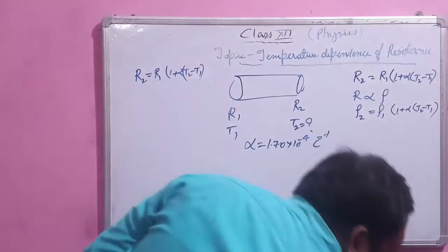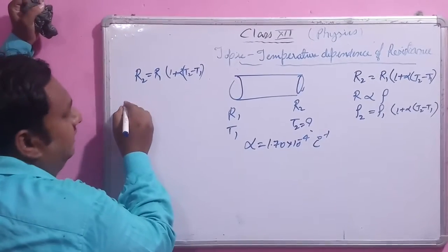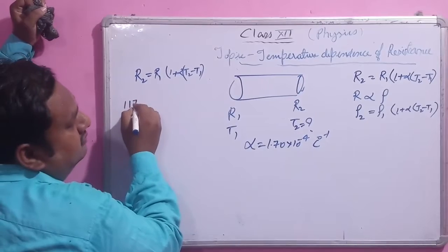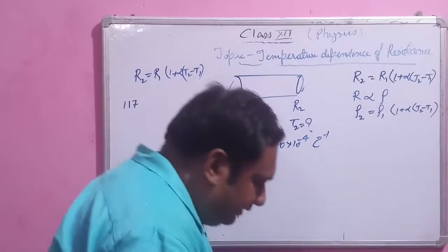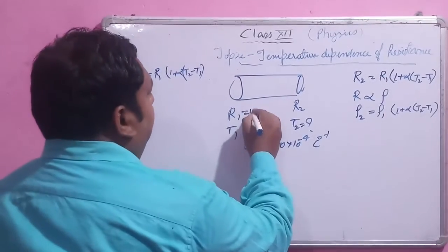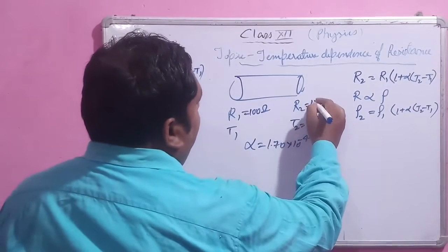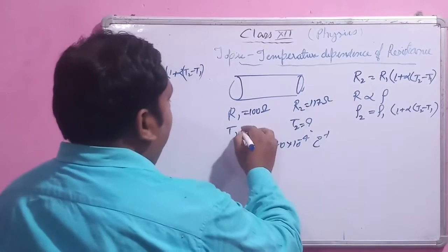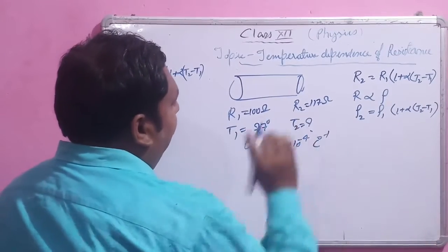R1 is given as 100 ohm, R2 is 117 ohm, T1 is 27 degrees Celsius, and T2 they have asked.